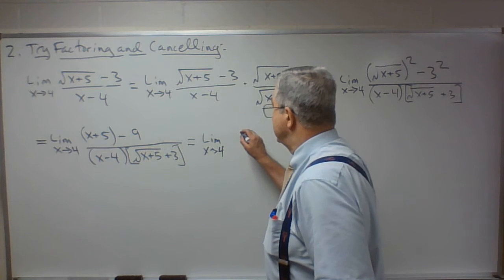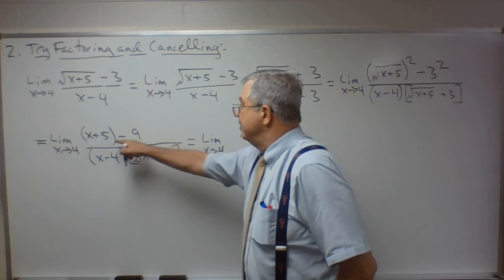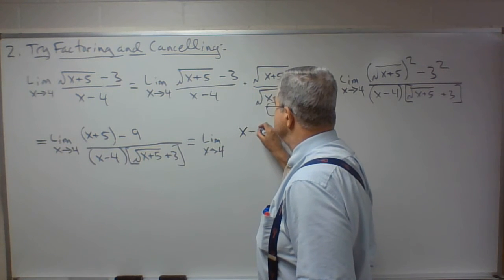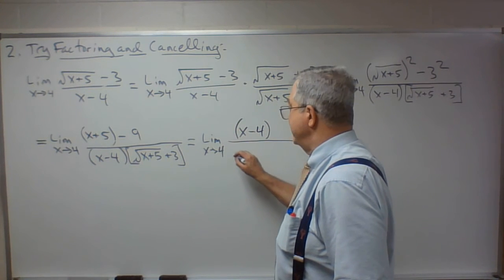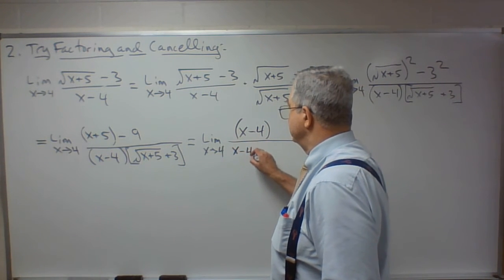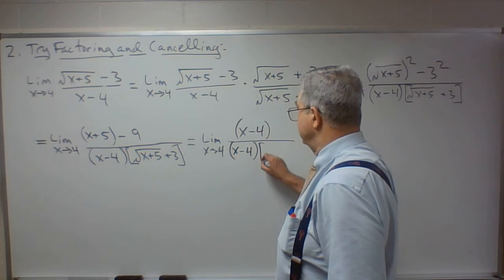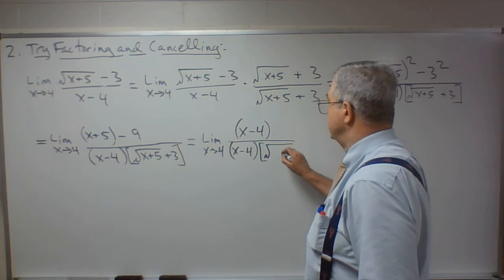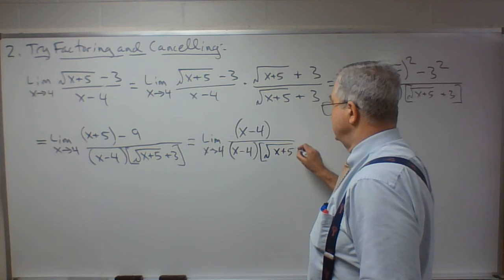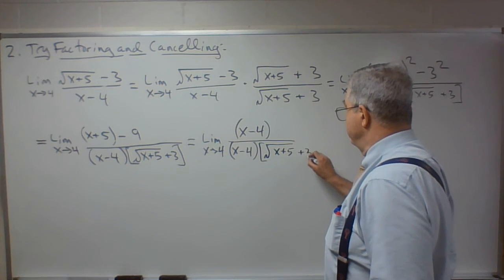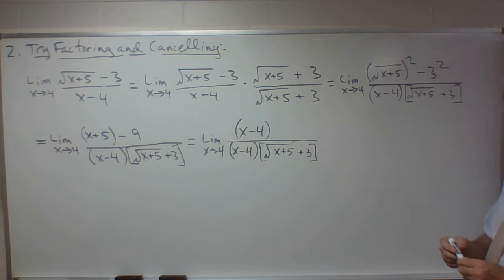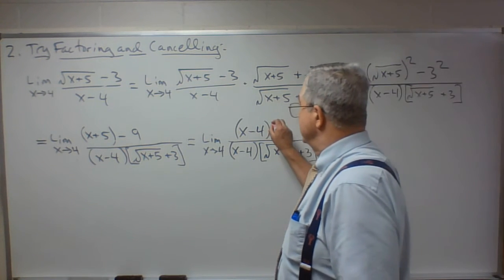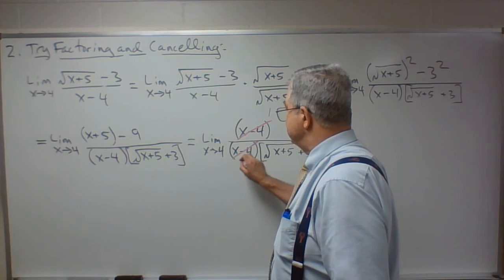Okay, x plus 5 minus 9, negative 4. Aha, there's that factor. There's that factor that we wanted to cancel. Here it is, and we go zip, zip.